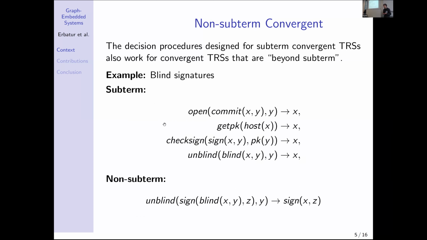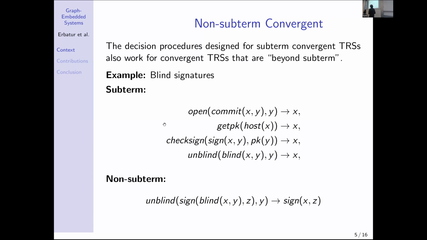And in fact, these decision procedures also work properly, meaning that they give a right answer for theories that are beyond subterms. And here I give you an example of a theory which is beyond subterm. This is a theory called blind signatures. So you have rules that are clearly subterm.